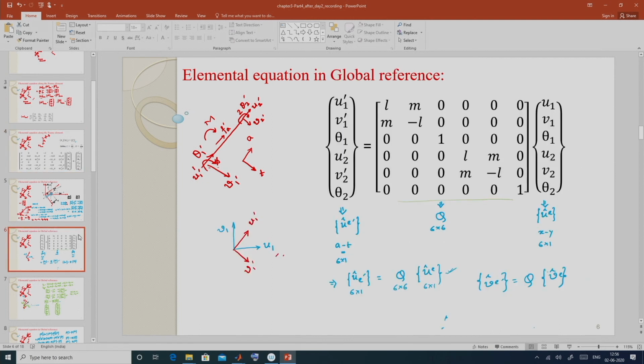After that, we have constructed this Q matrix in the MATLAB program.